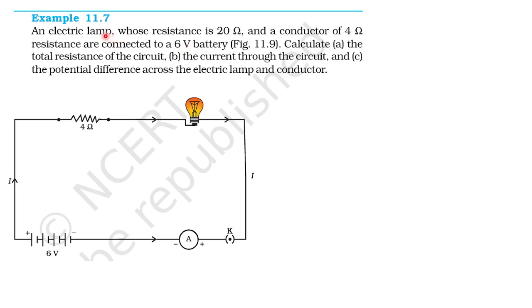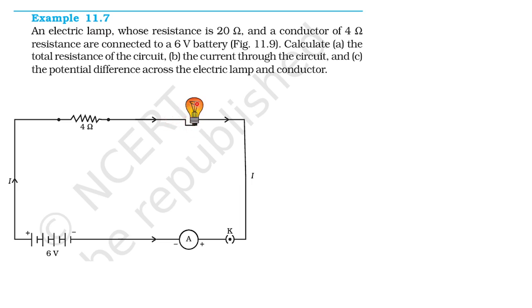An electric lamp. What is this? This is the electric lamp whose resistance is 20 ohm. There are small twisted wires inside the lamp. If you look at the lamp, there are a lot of twisted wires. Those twisted wires have certain resistance.